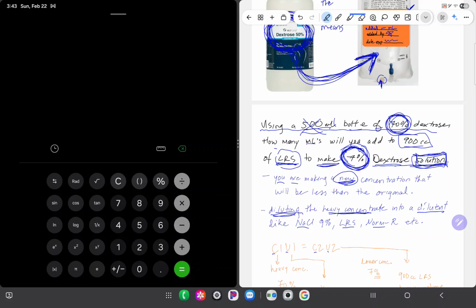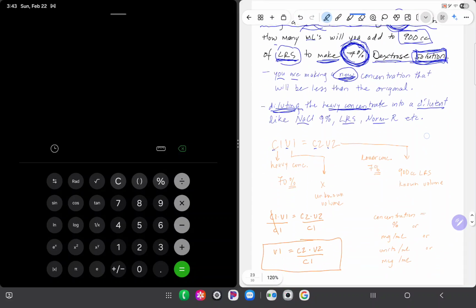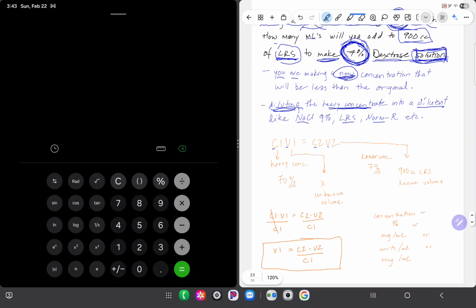If that's a way to think about it, if you've never handled these things before in a hospital situation, that's okay. We're trying to walk you through it right now. So let's move on to C1V1 equals C2V2.